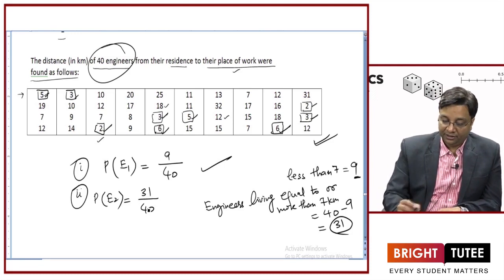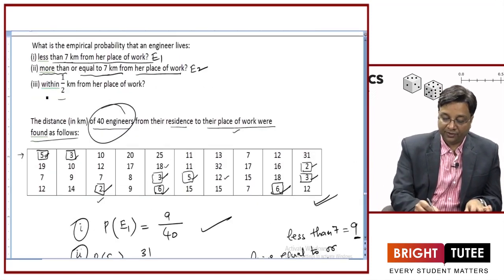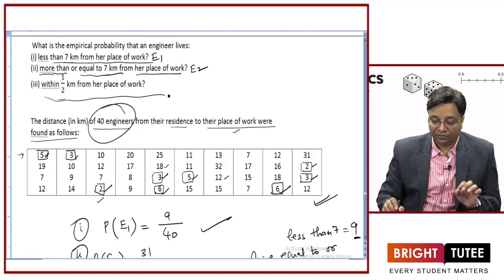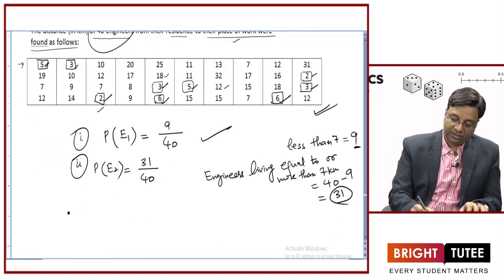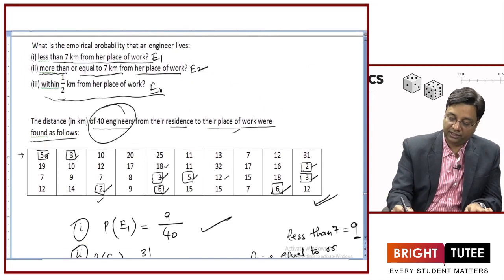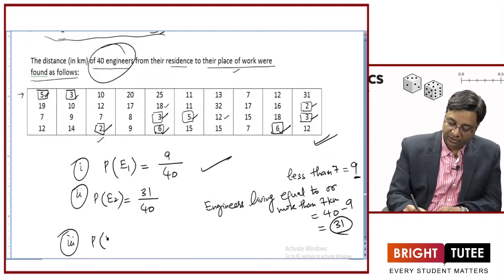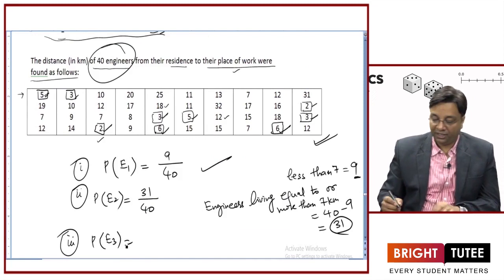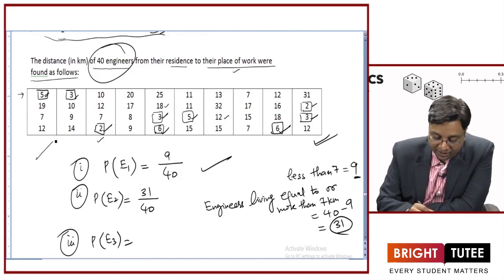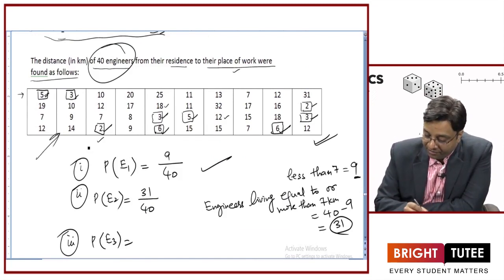Look at the next part. Within half a kilometer from her place of work. So, the third is within half a kilometer. This is event 3. So, the probability of event 3, within half a kilometer. If I look in this data, the minimum entry that I find here is 2 kilometers.